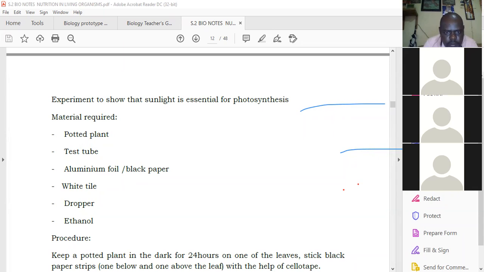I've written the question in the chat. Are you able to see the chat? What is the role of potassium hydroxide in this experiment?